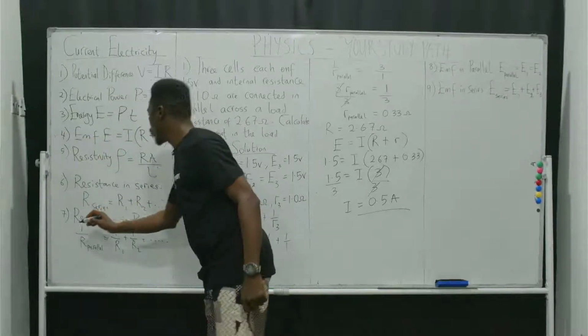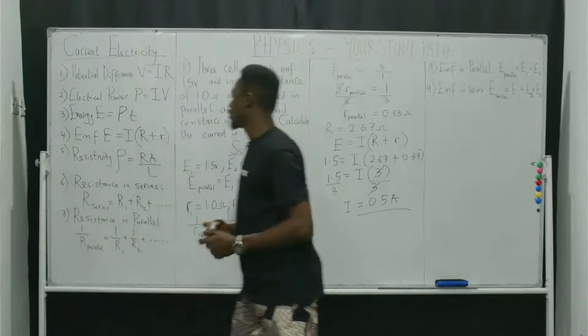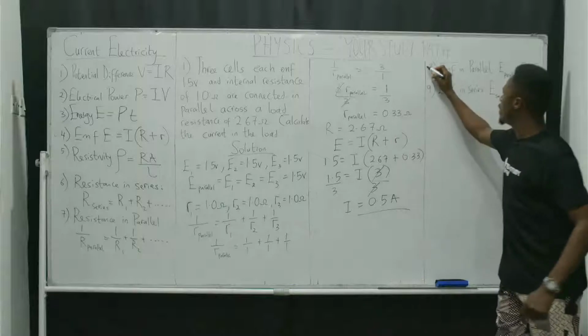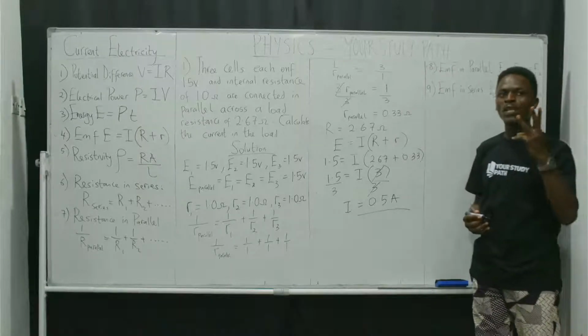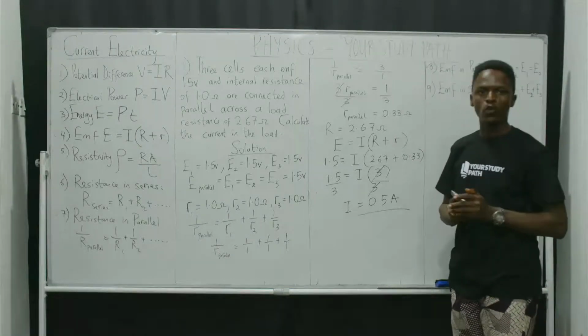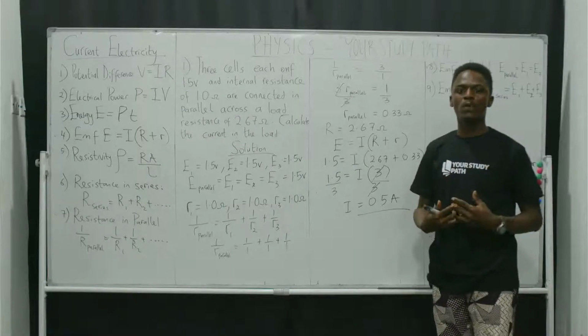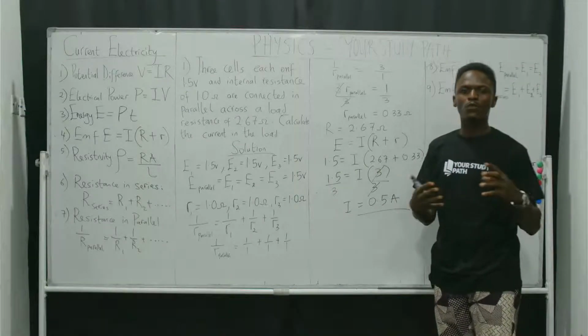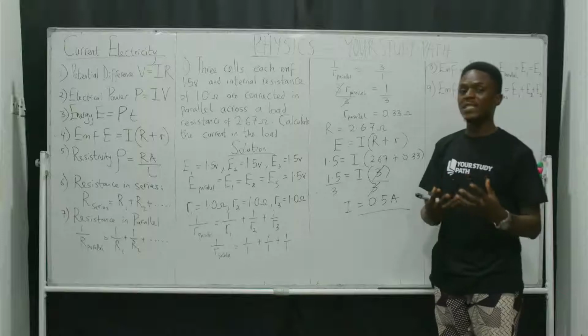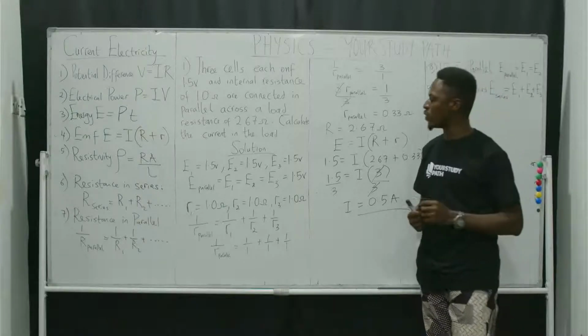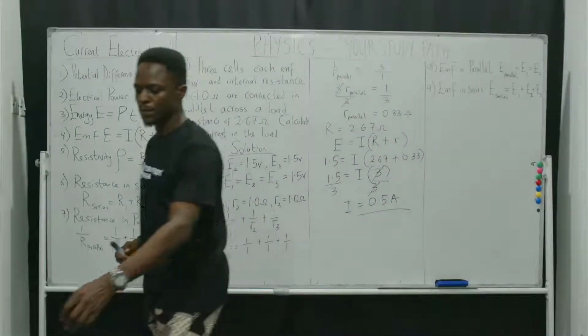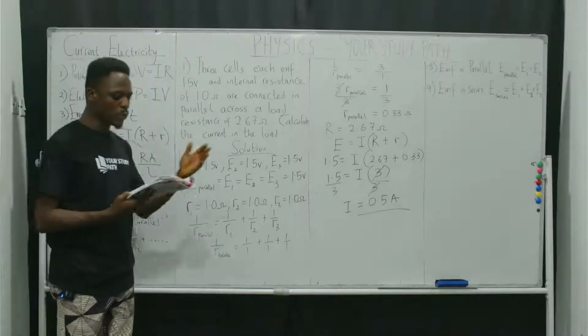We're able to adopt number 7 formula and number 8 formula. So 3 formulas for 1 question. That speaks volumes. When you are preparing for your Jamb, understand that a combination of 2 or more formulas would be needed sometimes to solve just 1 question. We move to the next question.